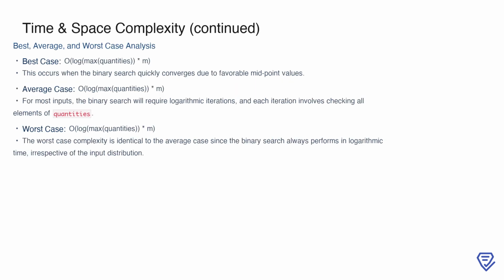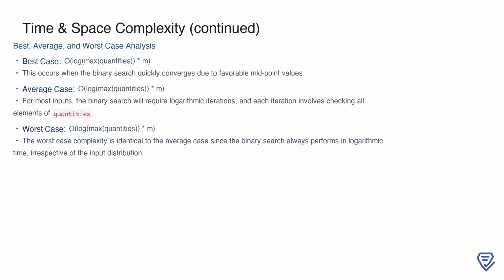Let's break down the best, average, and worst-case scenarios for this solution. In the best case, the binary search converges quickly due to favorable midpoint values, leading to a time complexity of O(log max quantities * M). The average case reflects the typical behavior of the algorithm, where binary search performs logarithmic iterations, and each iteration involves traversing the quantities array.